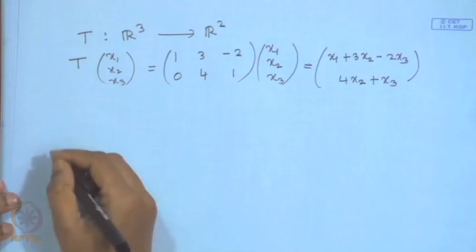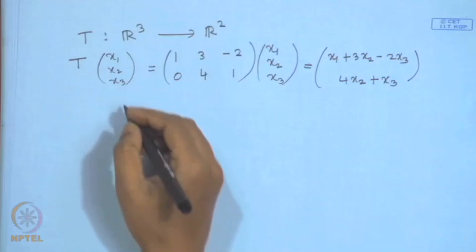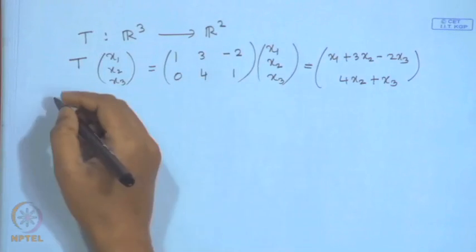So, this is the linear transformation associated with the given matrix.